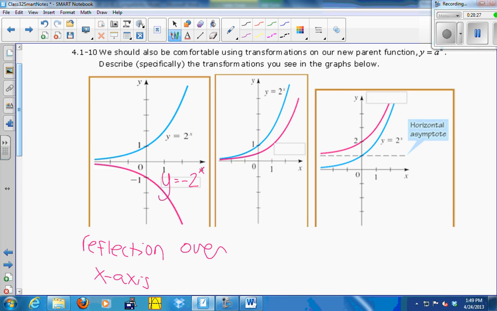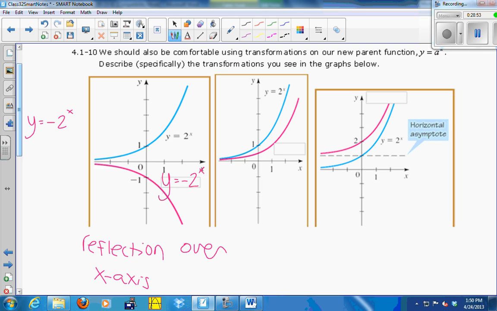I haven't broken that rule. That's a really, really good question. So I wrote y equals negative 2 to the x, but I said earlier, you can't have a negative base. Have I broken the rule about having a negative base here? Yeah. Y equals negative 2 to the x.